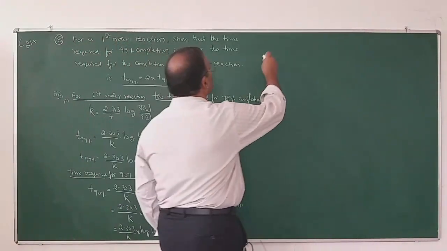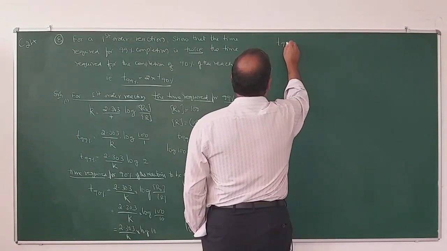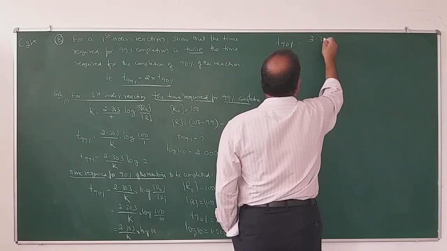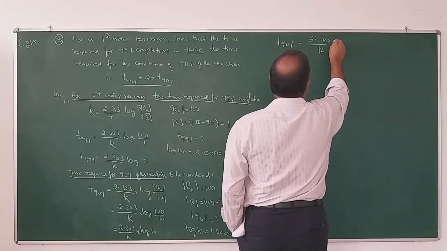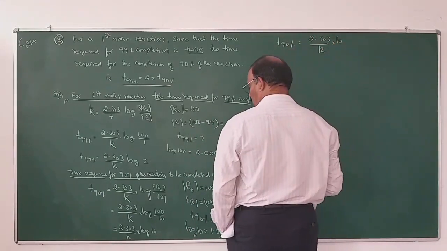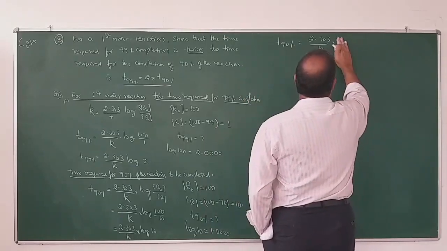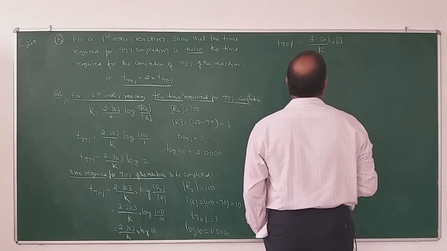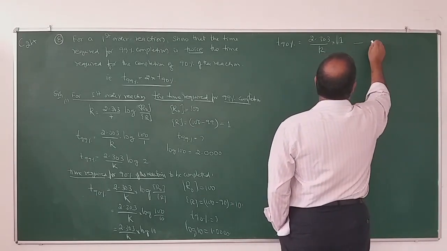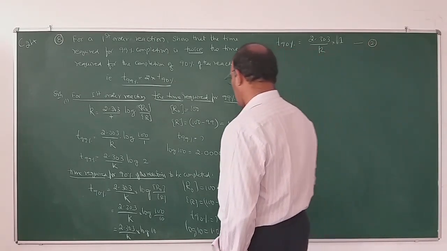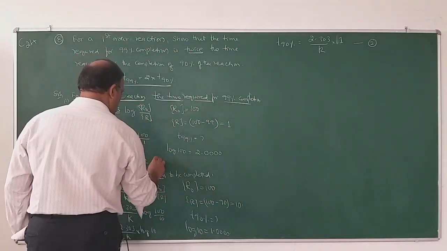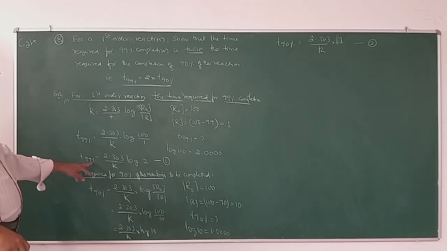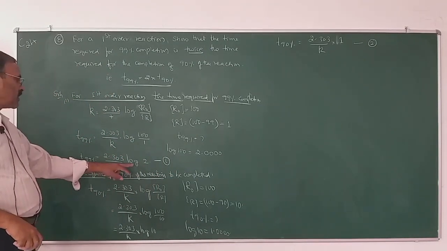So T 90% equals 2.303 divided by K into log 10. Log 10 equals 1. So this is equation number 2 and the earlier one is equation 1: T 99% equals 2.303 by K into log 2.